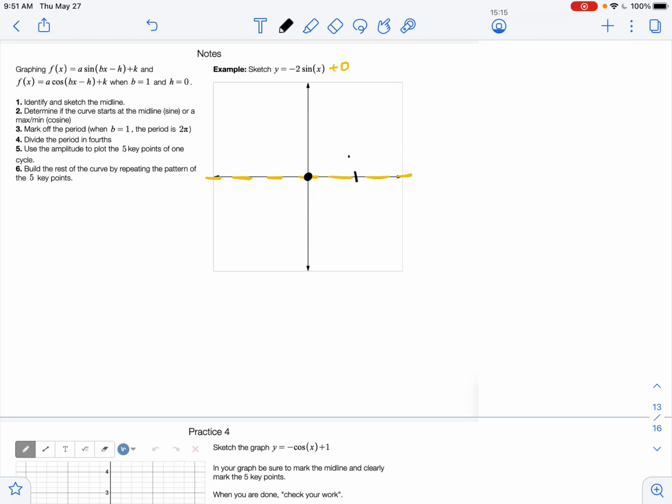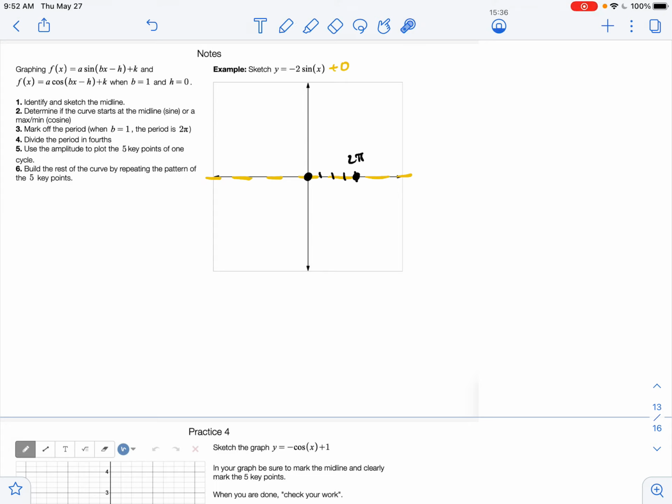Marking off that period, again, for our purposes today, it's going to be 2 pi. We'll see that change tomorrow. And then dividing that into fourths to allow ourselves to traverse from midline, min or max, midline, min or max, midline. So I already know what this point is at least.